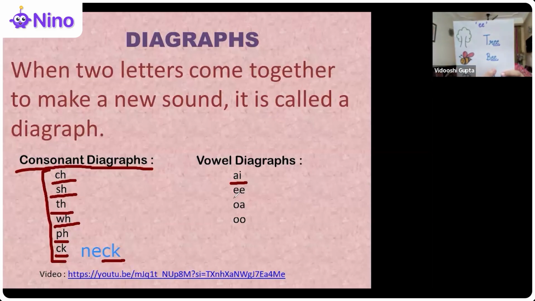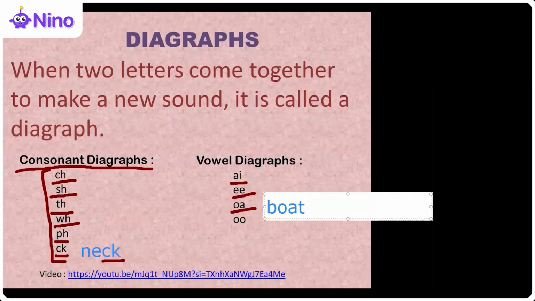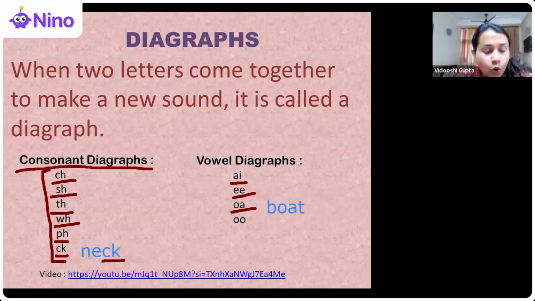Then next, we can also have the vowel digraph O, when O and A come together. They produce a new sound, that is O. For example, if we write down the word boat, this O and A coming together is making the sound O. Okay, clear?